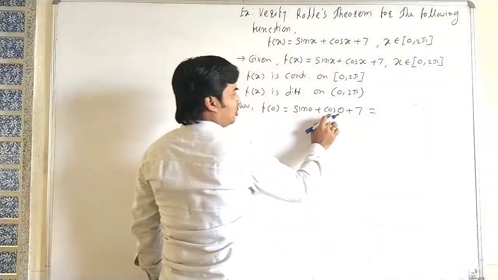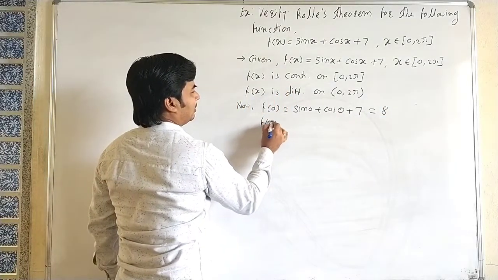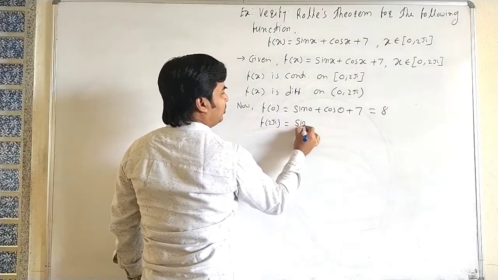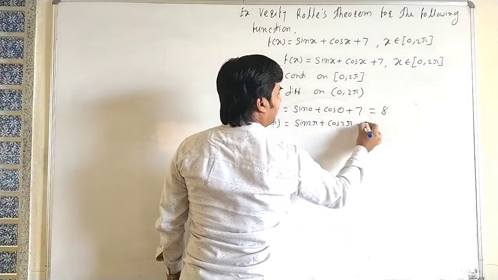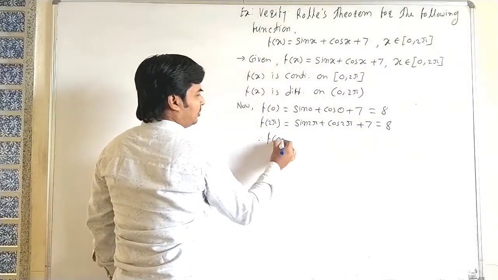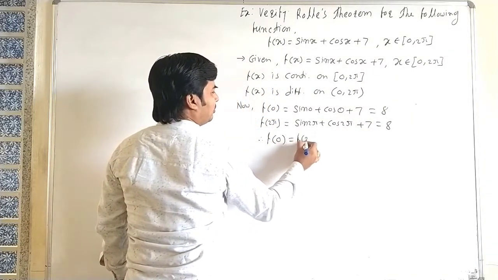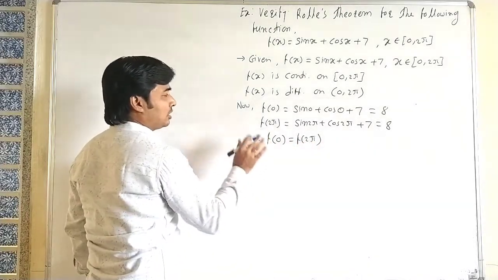Sin 0 is 0, cos 0 is 1, and it is 8. Now f(2π) is sin 2π plus cos 2π plus 7, again it is 8. Therefore f(0) is equal to f(2π). Therefore conditions of Rolle's theorem are verified, that is Rolle's theorem is valid.